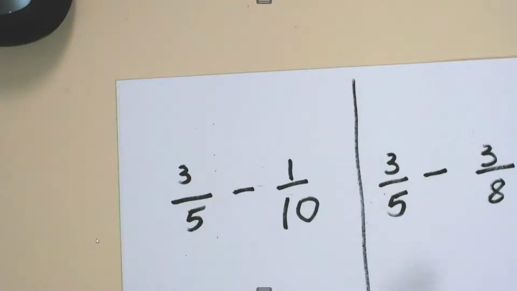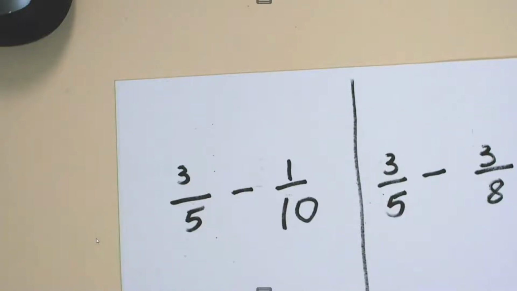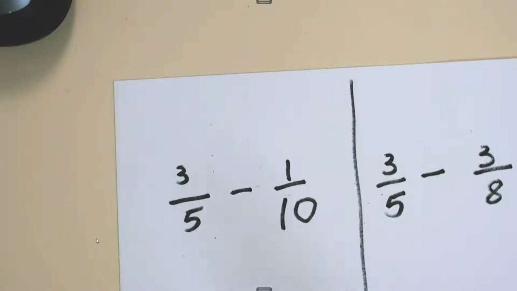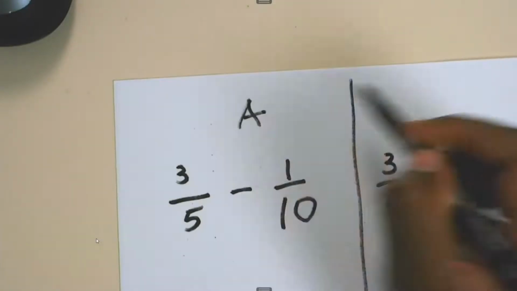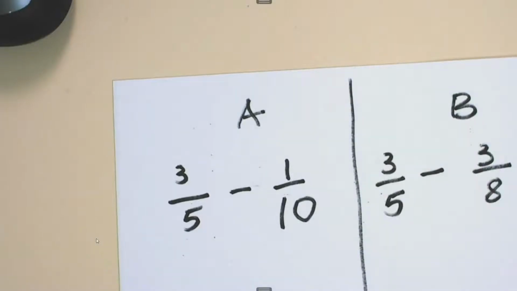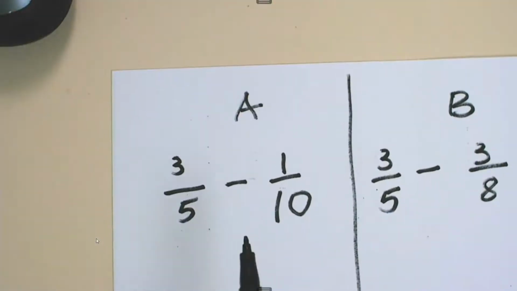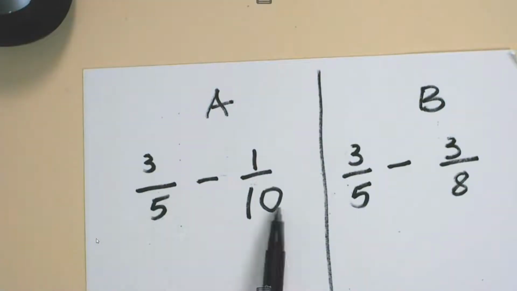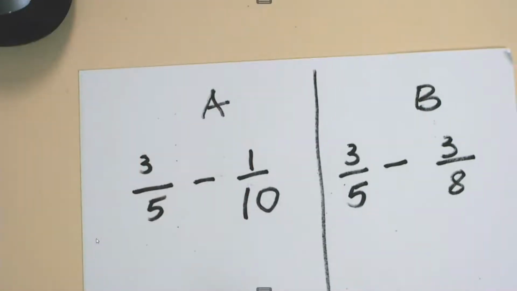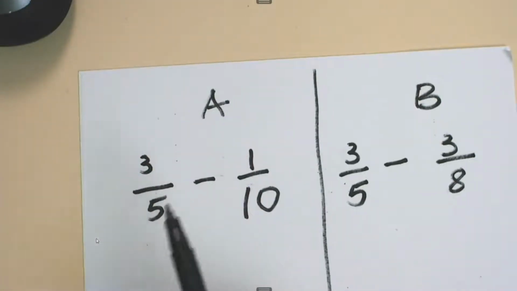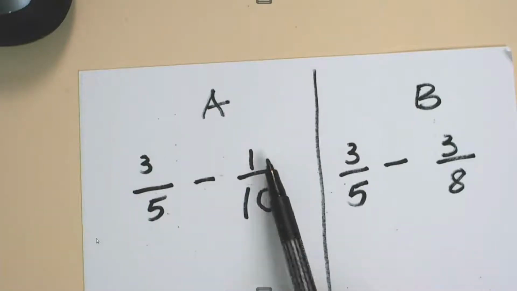Now, when we check these two types of fractions, we can see there is one which is common to us that we have already covered in grade 6. Let me call this A and this one B. Now, when we look at the fractions on side A, we have 3/5 minus 1/10.